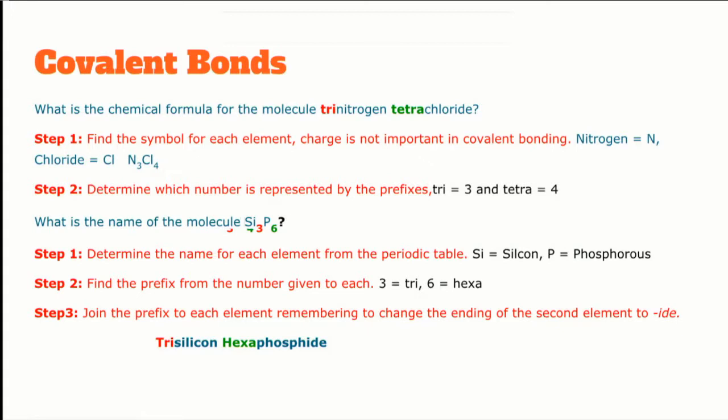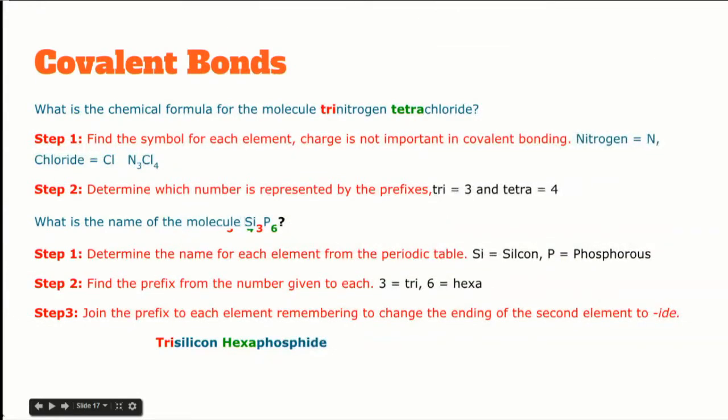That's that guy. The next one is Si3P6. So Si, name the metal, Si silicon. P is phosphorus. Find the prefix. So 3, if you look at the chart, 3 is tri, and 6 is hexa. So you know most of these bigger ones. If you talk about a hexagon, that's a 6-sided shape.